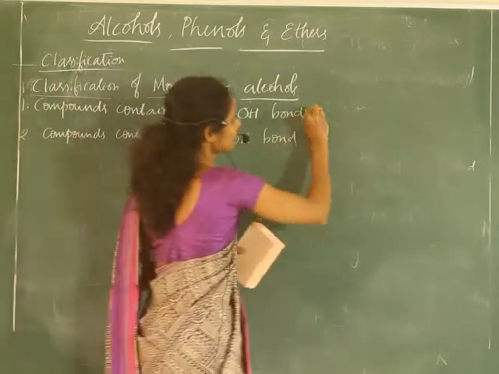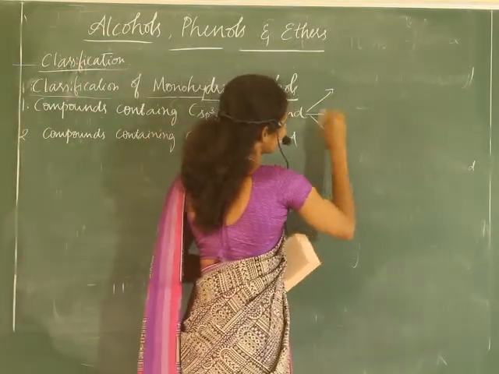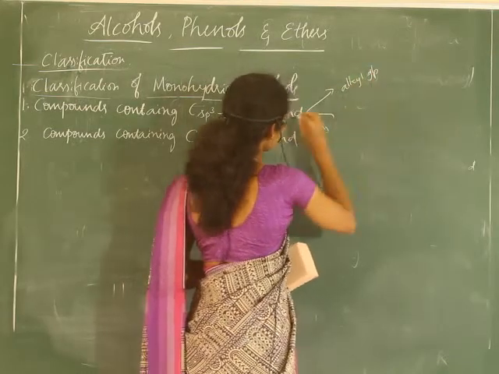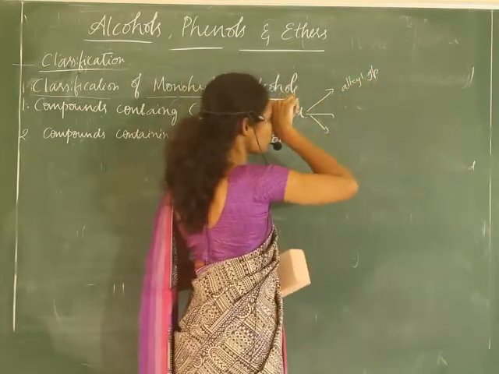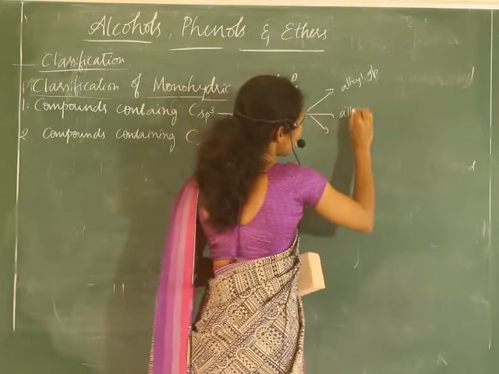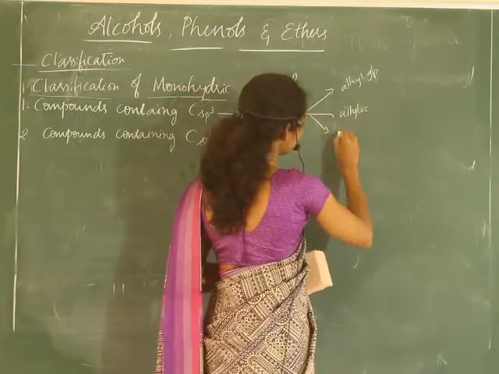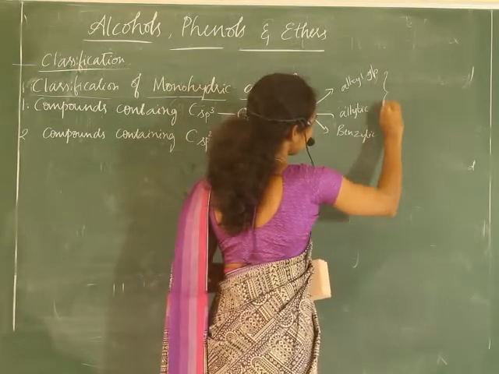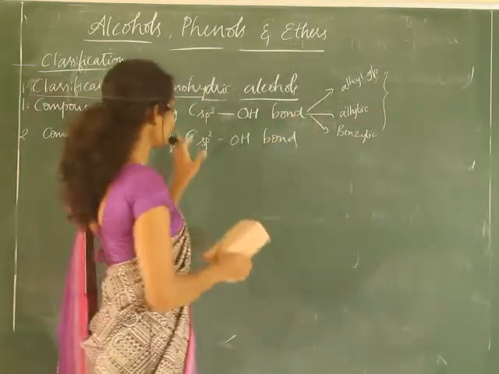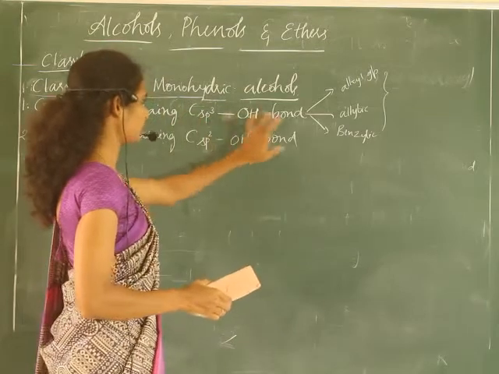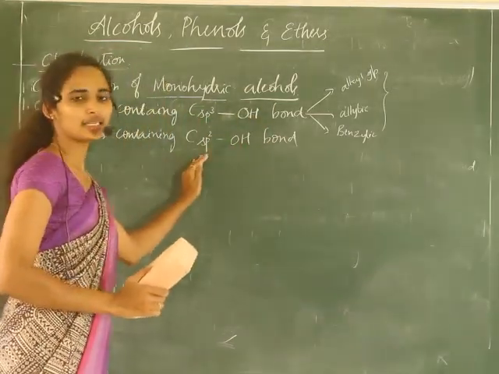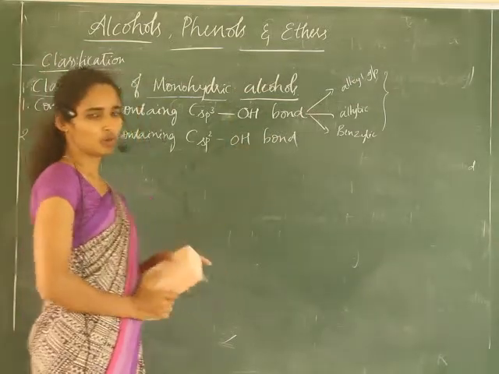In that, we learned OH directly attached to an alkyl group, OH group directly attached to an allylic group, and the third one we studied was benzylic, right? That was about compounds containing sp3 C-OH bond. In this class, let us learn about compounds containing sp2 C-OH bond.